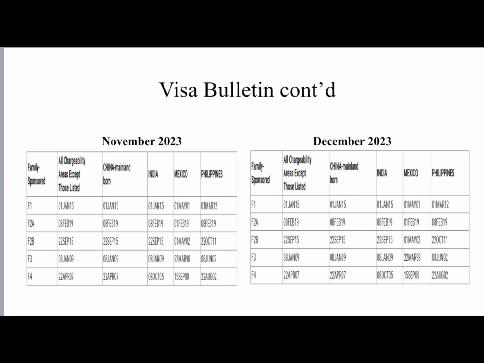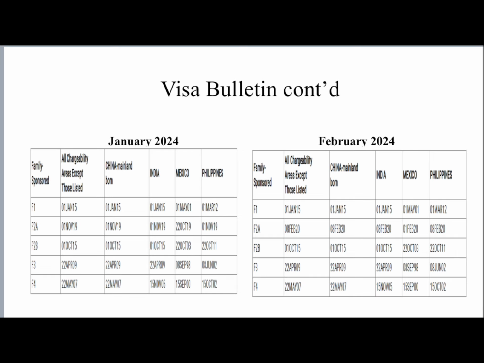And now we're getting to January 2024, where there was some movement in F2A. The bulletin moved from the last action date of February 8, 2019 to the 1st of November 2019. So that's 9 months of movement.